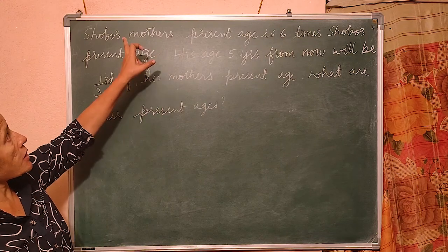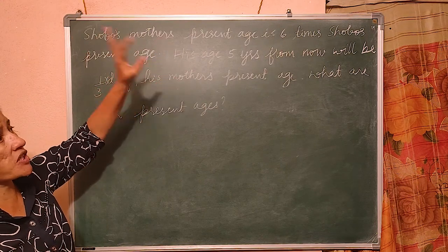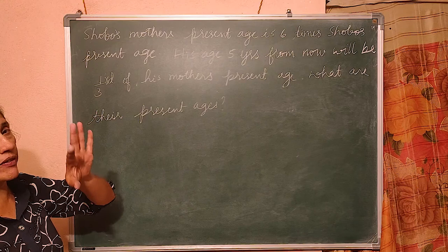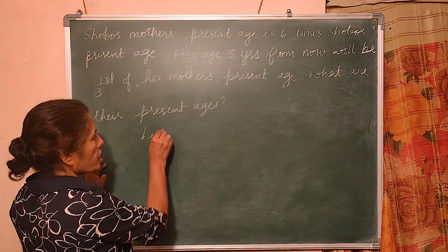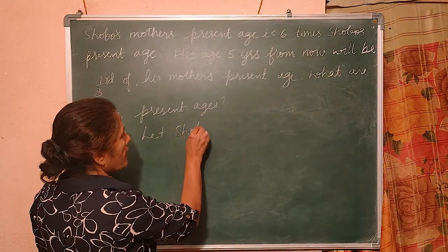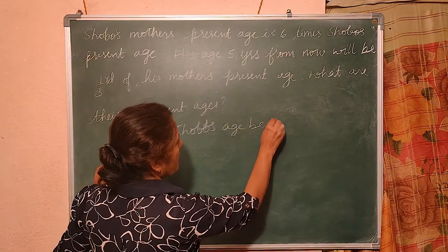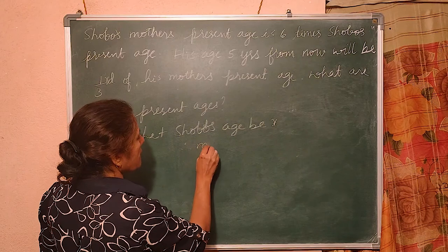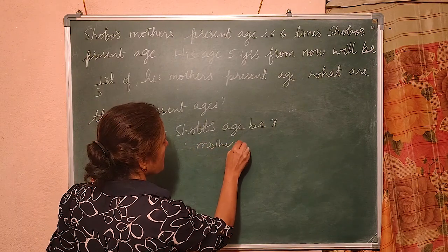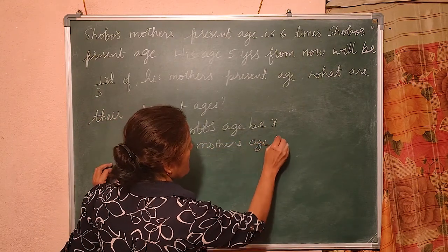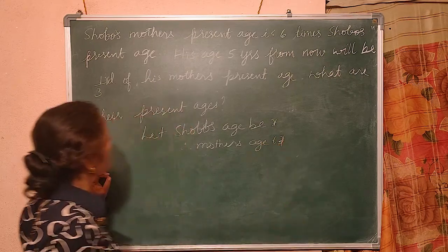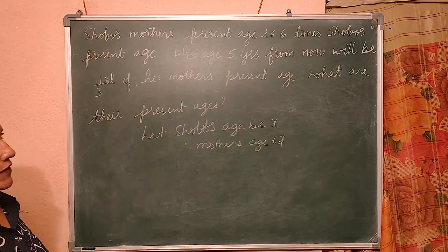Shobo's mother's present age is 6 times his. So, what shall we take? Let Shobo's age be x. Therefore, mother's age is 6x.